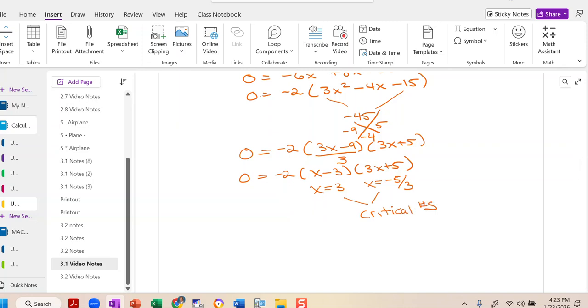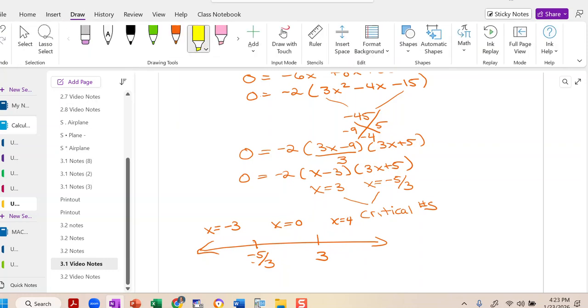Now, on a number line, we are going to create intervals with the critical numbers and put test numbers in each interval. Here I would choose -3, here 0, here +4, and put them back in the derivative and see if it makes it positive or negative.